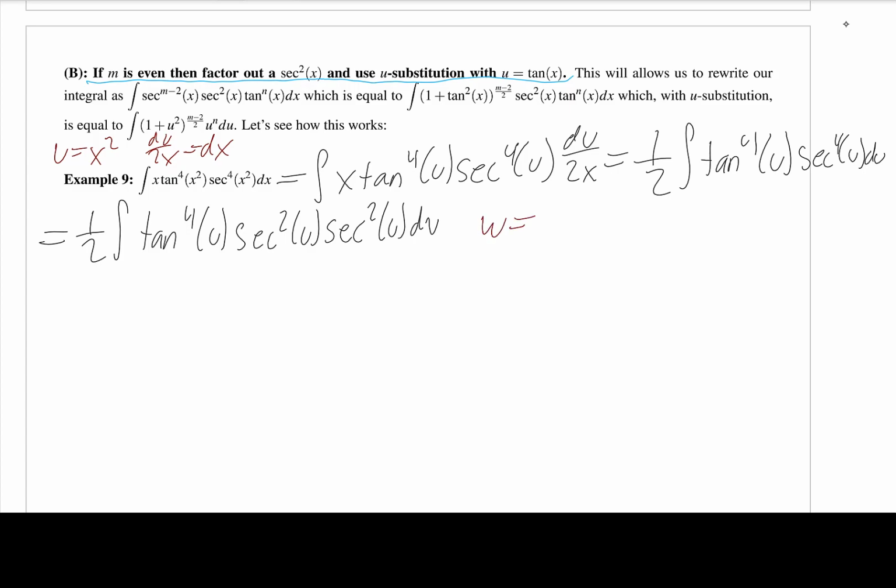So we'll have w equals tan of u, which means that dw over secant squared of u equals du. So what I notice here is that when I plug in for this du, this secant squared can cancel out with one of these. However, another secant squared will still be left there. So what I'm going to do is change this secant squared using the tangent identity.